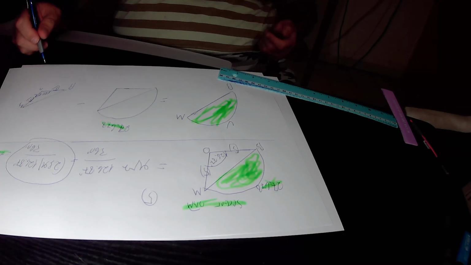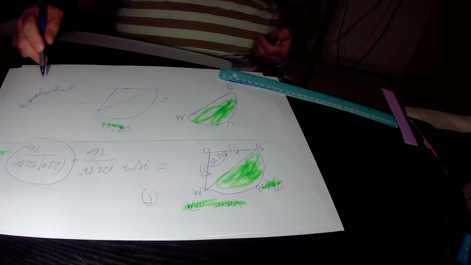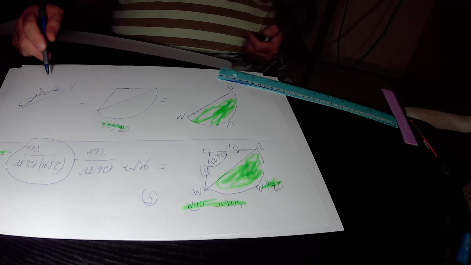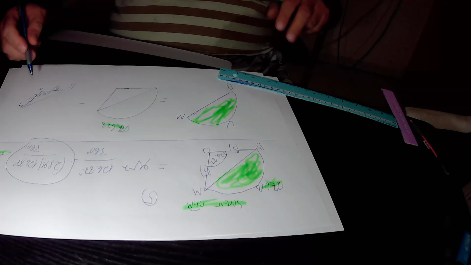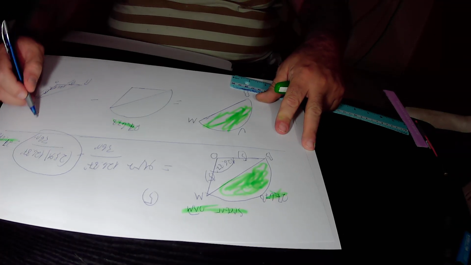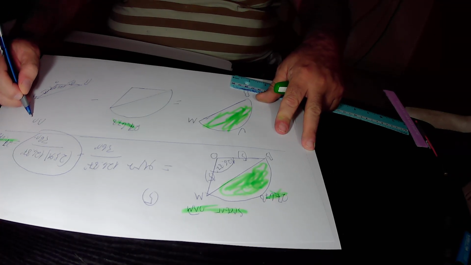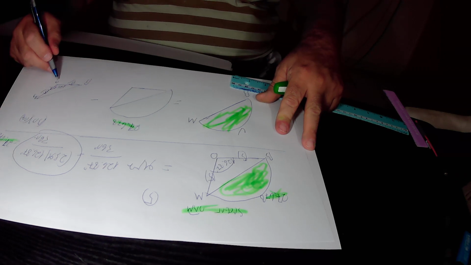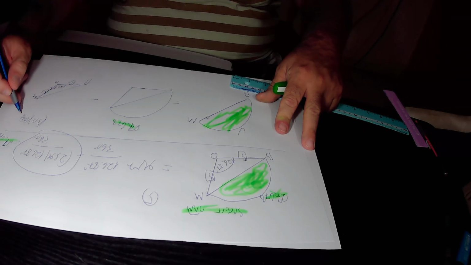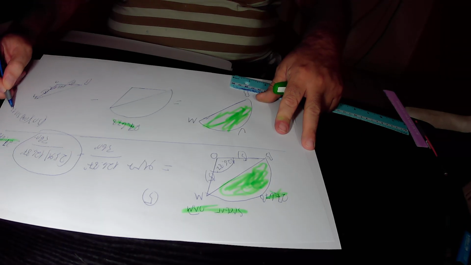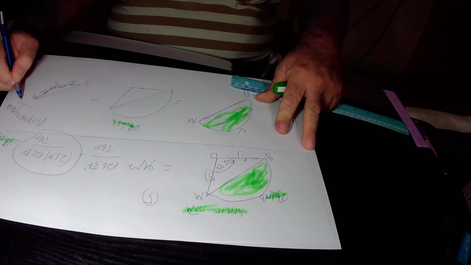And according to the formula that I presented to you, the area of this triangle BOM will be equal to BO times OM times sine 126.87 divided by 2.